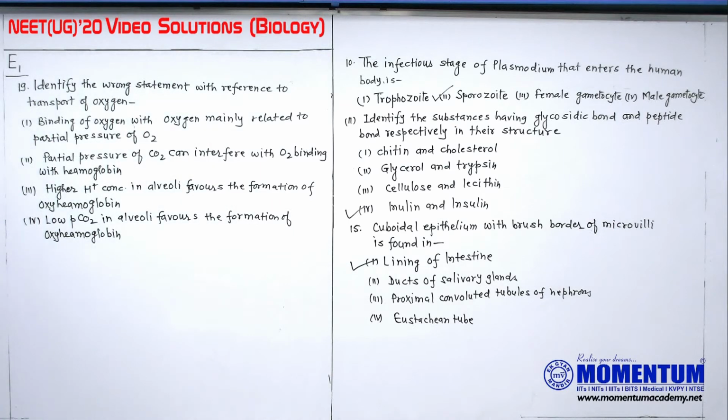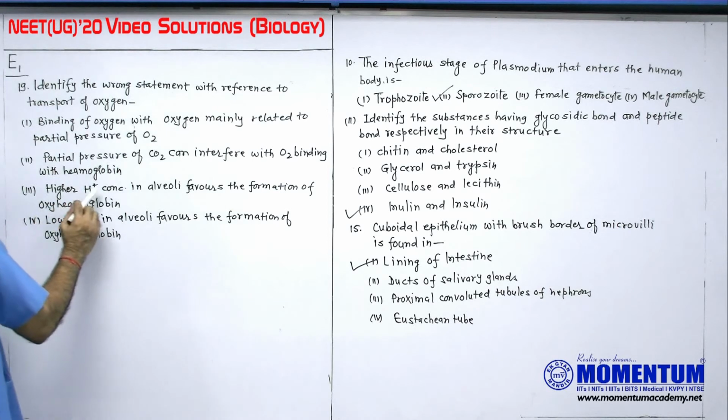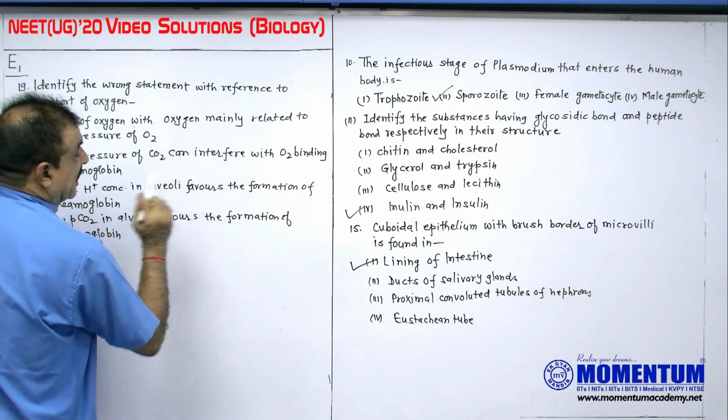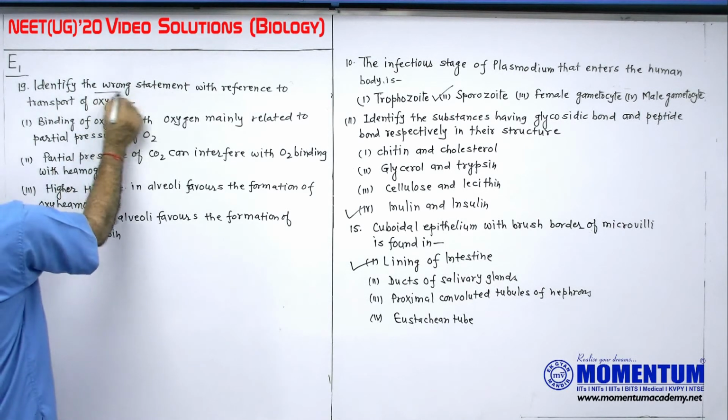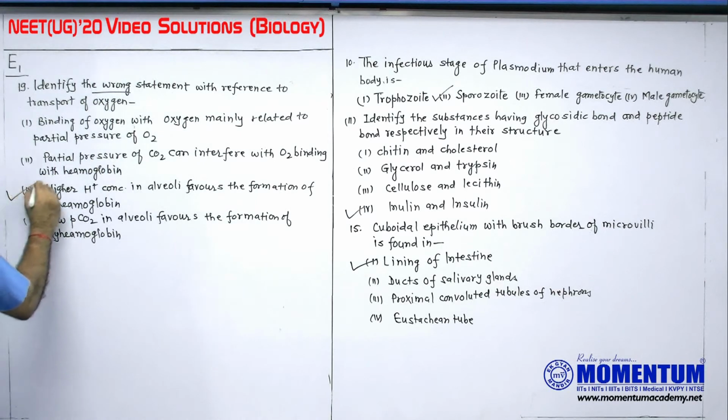So out of 4, higher hydrogen concentration in alveoli favors the formation of oxyhemoglobin is the wrong statement. You know, there is no role of hydrogen concentration in alveoli.